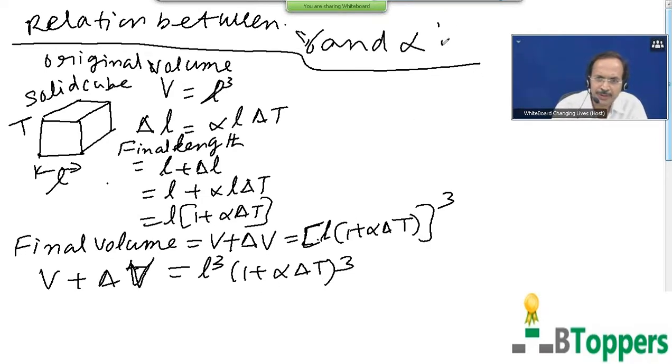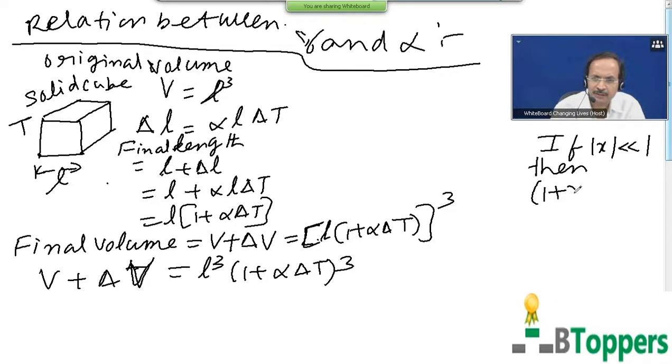Because we use the approximation based on the binomial theorem: in general, if modulus of x is very, very small compared to 1, then 1 plus x whole power n can be nearly taken as 1 plus n into x. That means when you neglect the terms containing x square, x cube, etc., you get this expansion. Here n is a rational number.